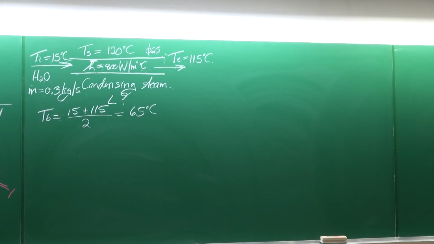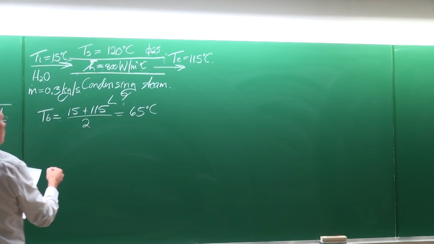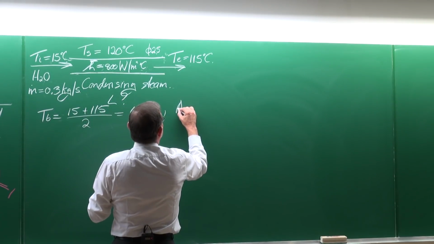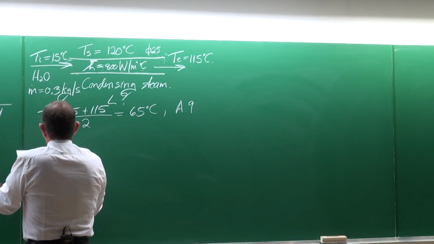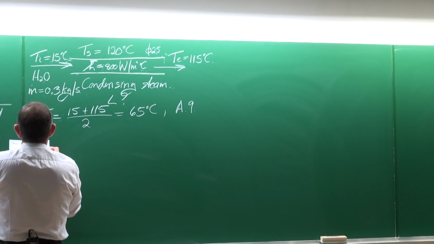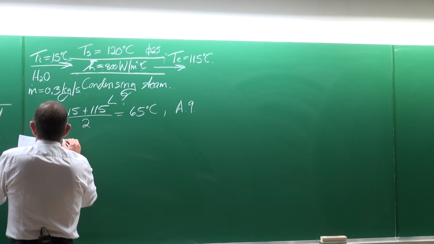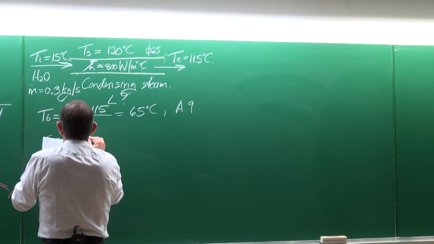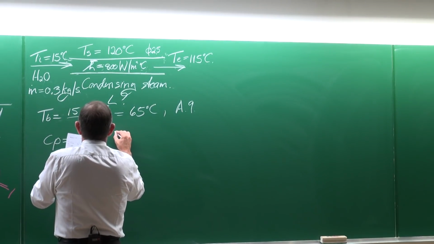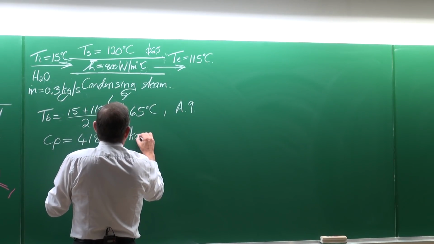So at that temperature, we're going to get all the properties. The properties for water, you can get in table A9. It seems as if we're just going to use the CP value, 4187 joules per kilogram Kelvin.